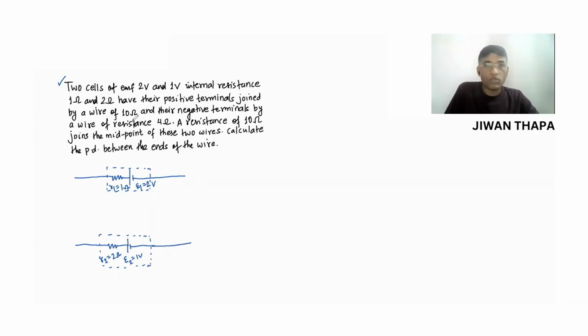Now what do you find from the question? Their positive terminals are joined by a wire of 10 ohm. So the positive terminals of these two cells are joined by a wire of resistance 10 ohm and the negative terminals by a wire of resistance 4 ohm.